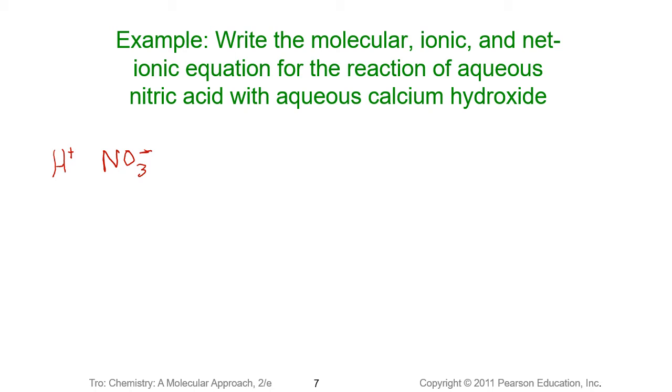They have a +1 charge and a -1 charge, so it just takes one of each. If we look at our calcium hydroxide, calcium is a +2 charge based on its position on the periodic table. Hydroxide is an OH minus, so it's going to take 2 hydroxides to balance the charge of the calcium.